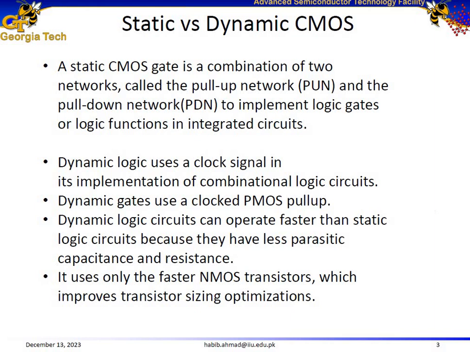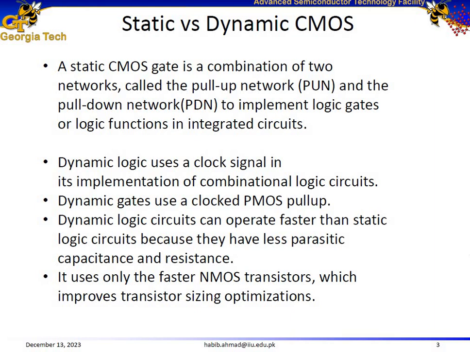Mostly it uses a clocked PMOS pull-up transistor, and because we have less number of PMOS transistors in dynamic logic gates, generally dynamic logic circuits operate faster as compared to static logic circuits, because in PMOS we generally have higher resistance, and in order to cater for the resistance we need wider width of the transistors, which increases the capacitance of the PMOS transistors.